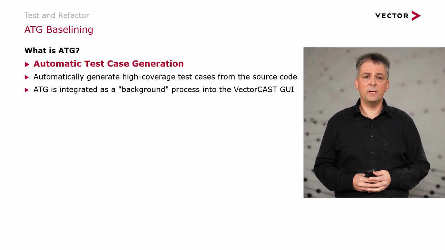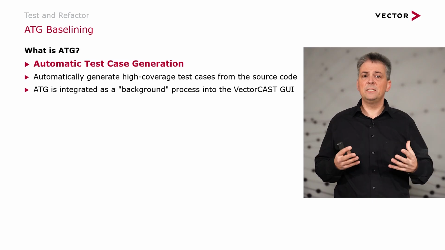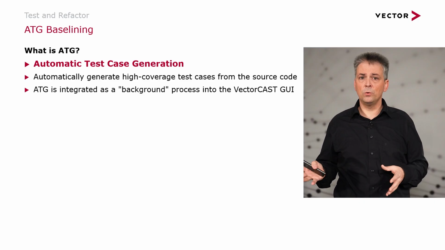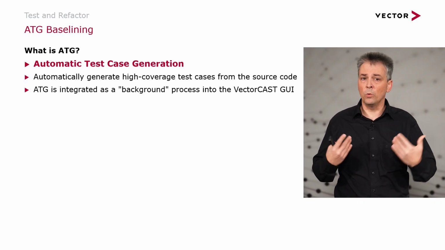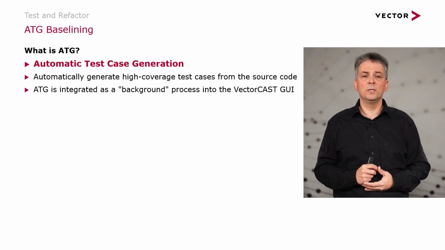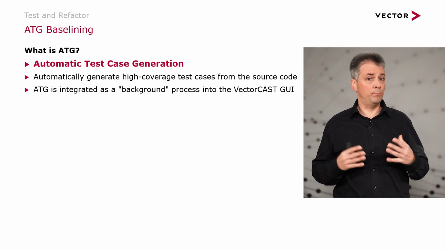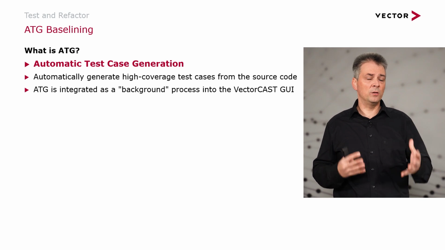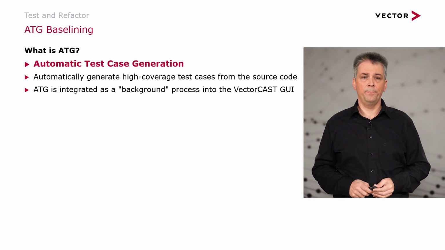ATG stands for Automatic Test Case Generation. It is a possibility to automatically generate high coverage test cases from the source code. We have that integrated in one of our tools, that is VectorCAST, our unit testing solution, and there it is integrated as a background process. You just have to create the environment and then you can trigger the ATG.